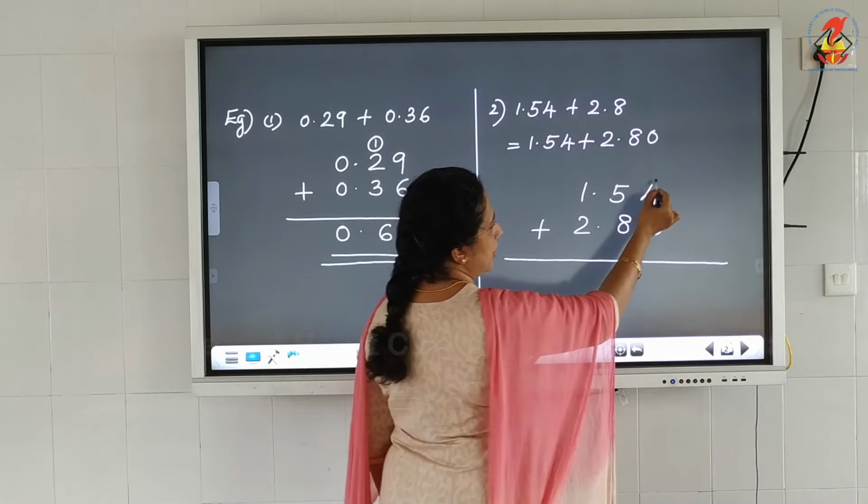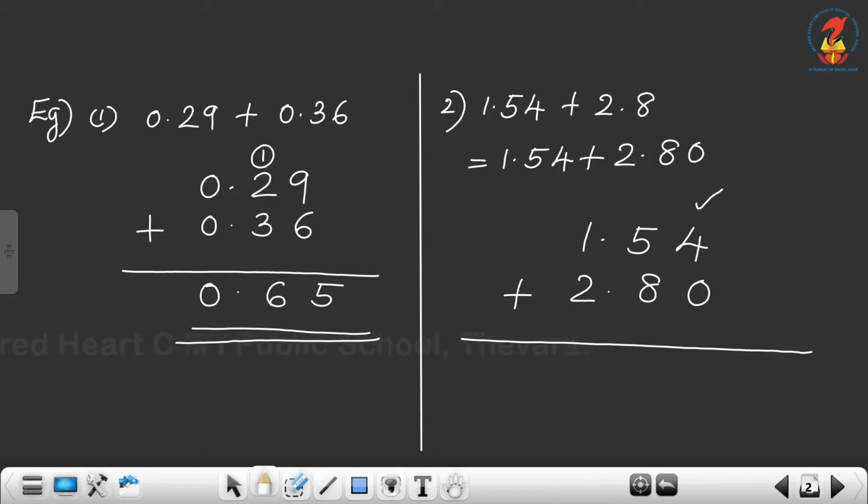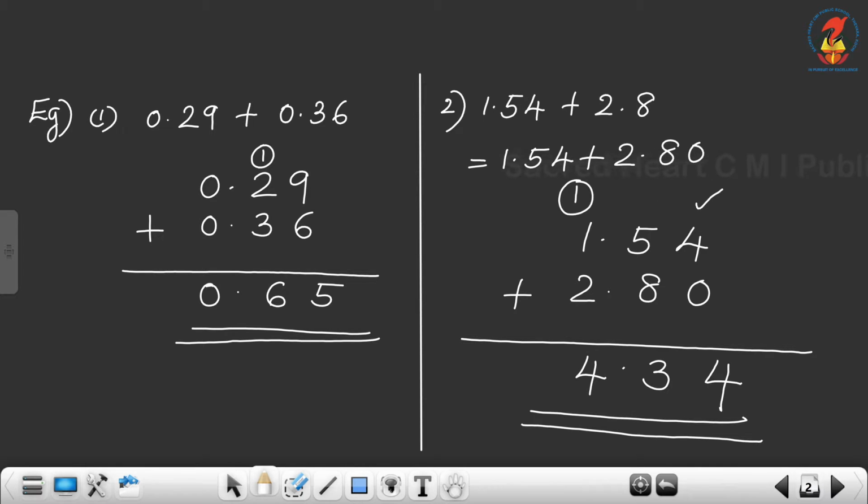Here also we start from the 100th place onwards. 4 plus 0, 4. 5 plus 8, what is 5 plus 8? 13. So you write 3 and 1 is the carryover that will go to the whole number part. Now the decimal point comes, write down the decimal point. Then 2 plus 1, 3. 3 plus 1, 4. So the answer is 4.34.